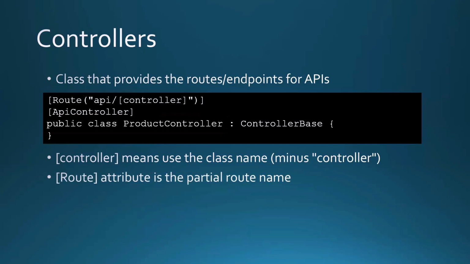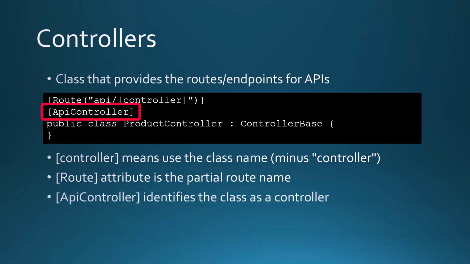Now, route, in this case, when it's attached to a class like this, that attribute is usually a partial route name, unless you just have very plain basic methods like get, put, post, and delete, then that is the complete route. But you can add other methods that you add routes to, with the route attribute, and that will then give you more routing after the product portion.